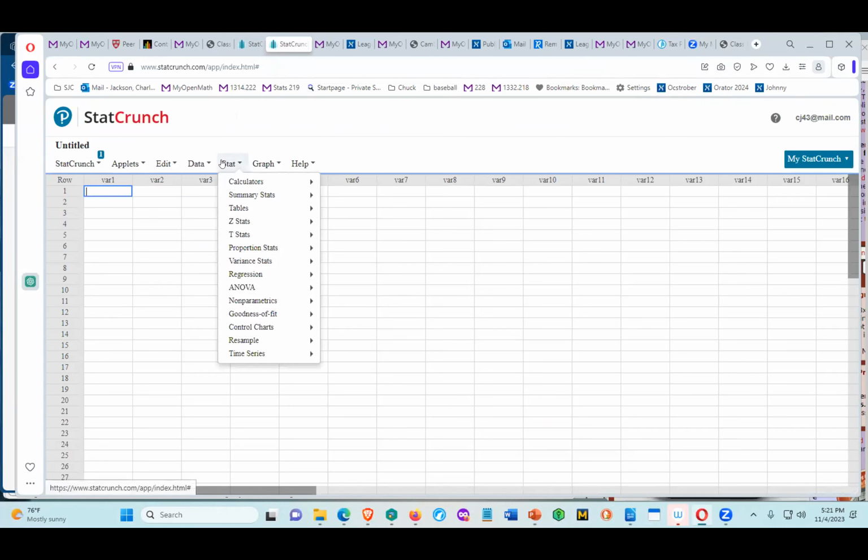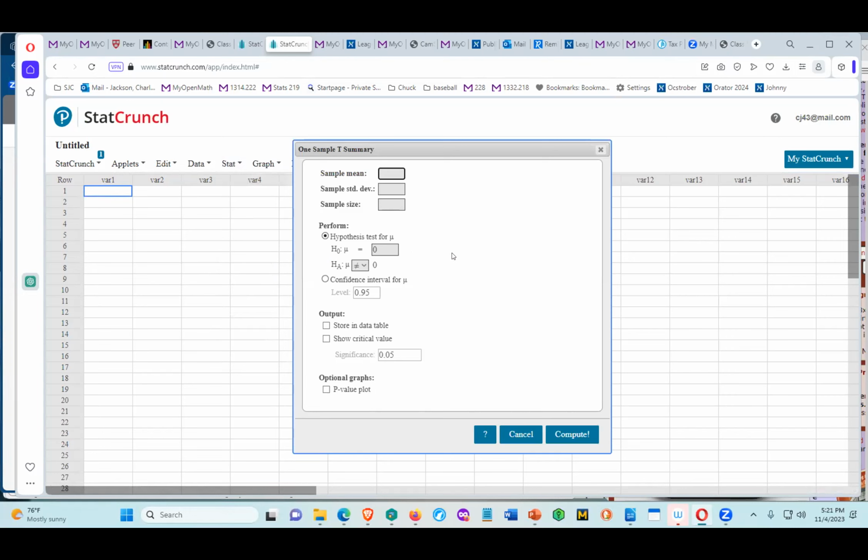okay, so stat, and let's see, we did proportion stats to do that test. T stats, one sample, with summary, yeah: sample mean, sample standard deviation. Sigma is not known, only the sample standard deviation, S, is known, and the sample size.